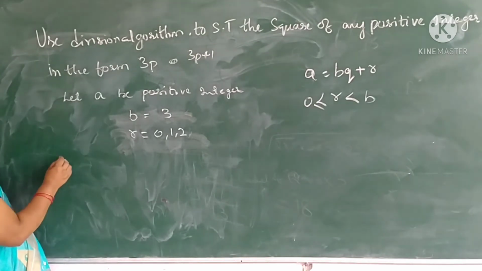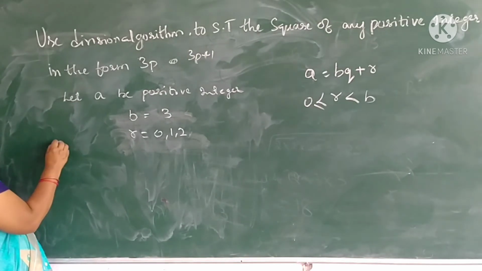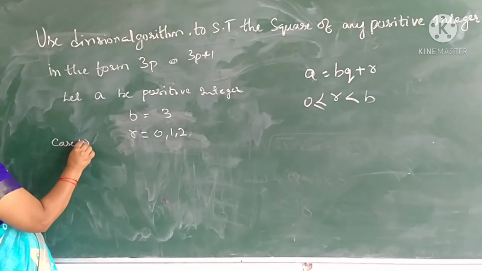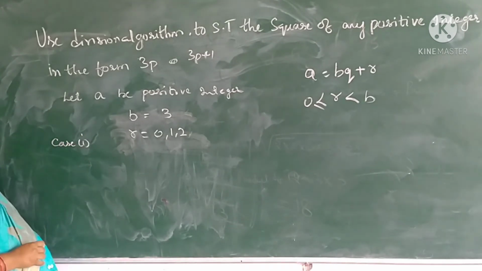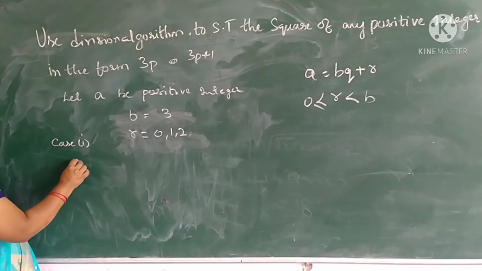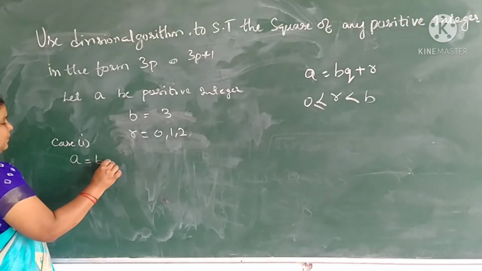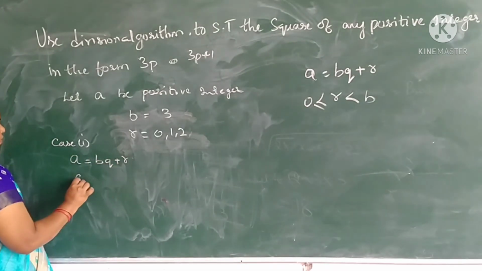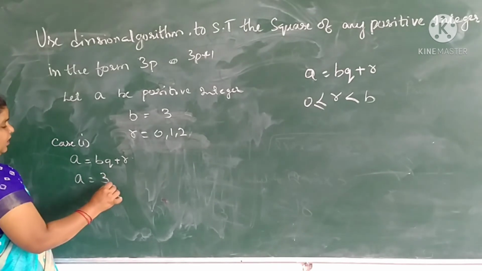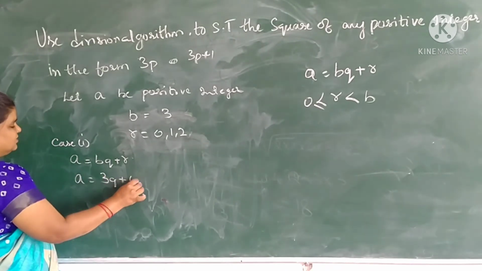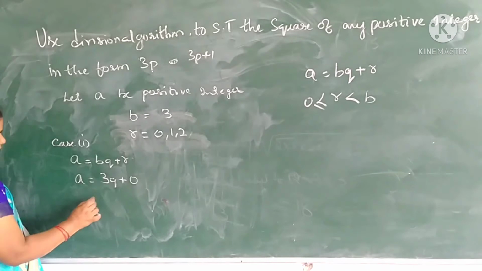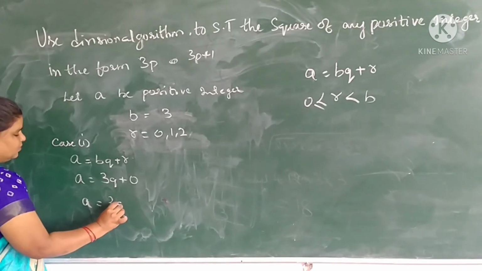Case 1, when r is equal to 0. So a is equal to bq plus r. So a is equal to 3q plus 0, so we are getting 3q.